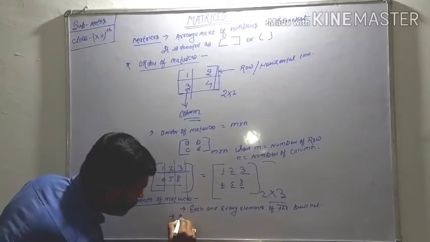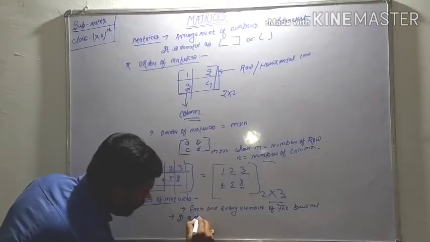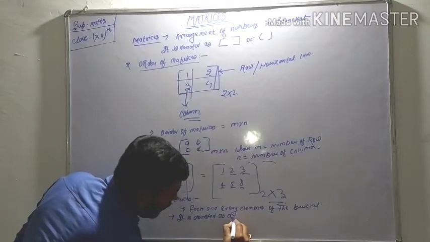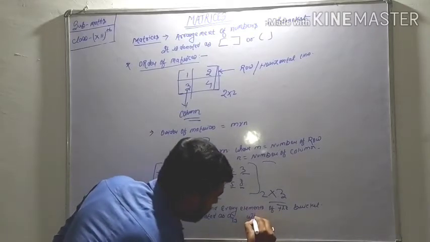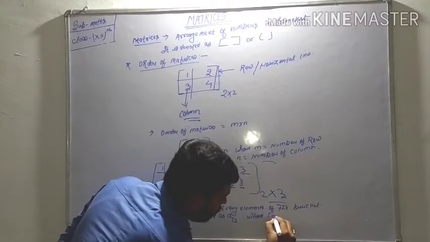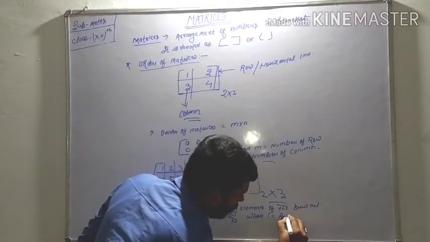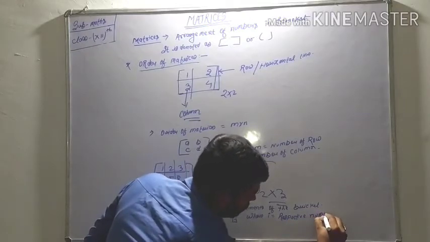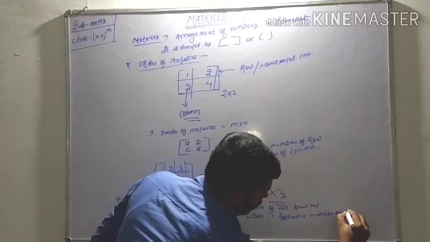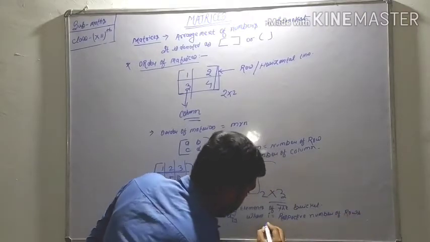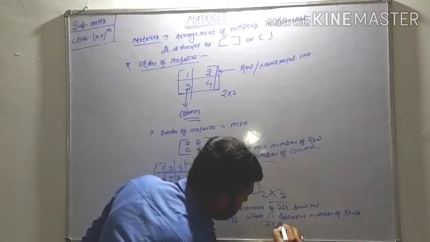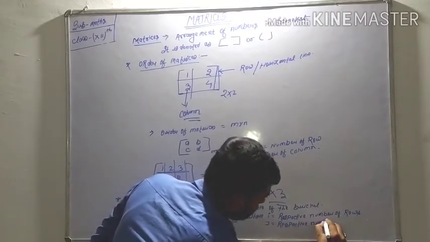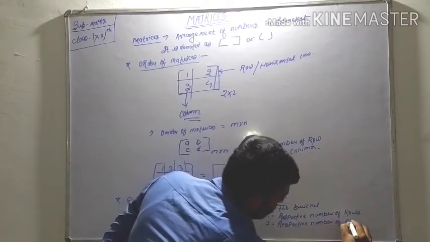It is denoted as A_ij, where i is equal to the respective number of rows and j is equal to the respective number of columns.